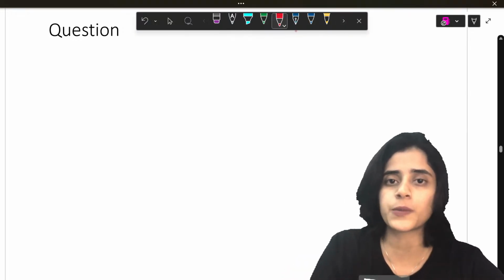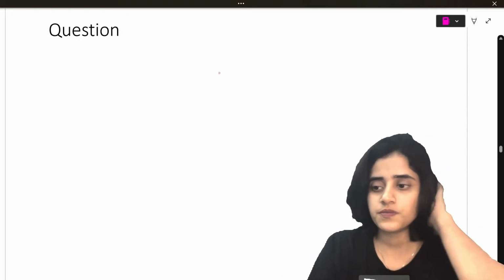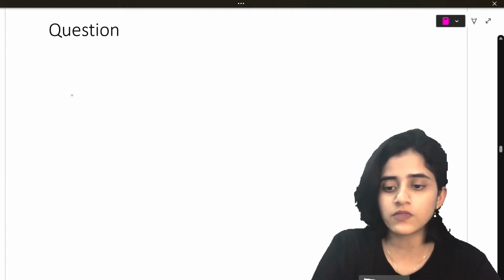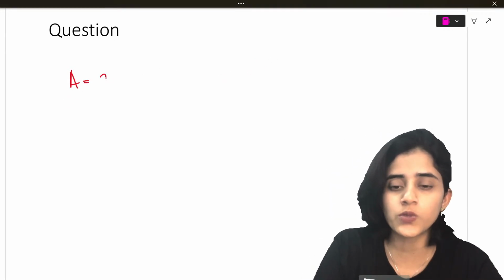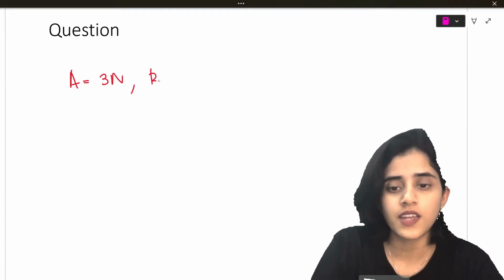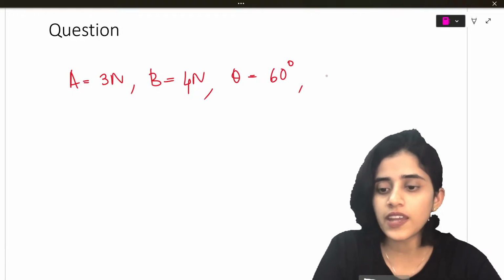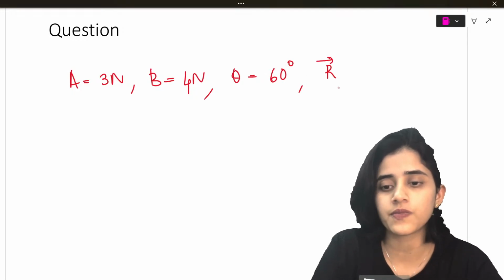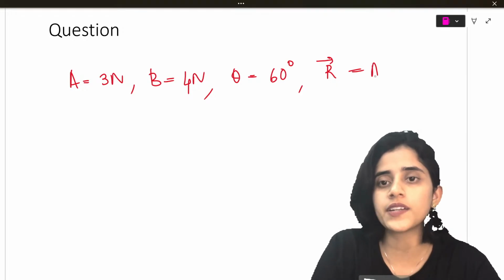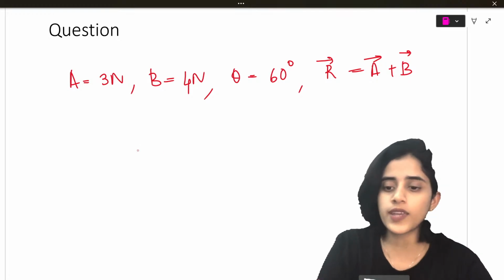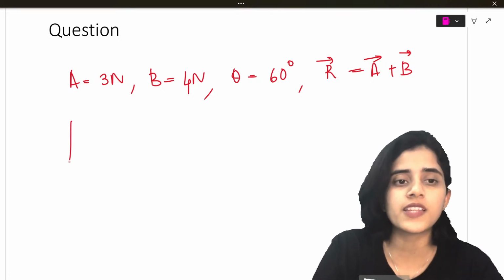Let's look at a simple question. So if you have, let's say A is equal to 3 newtons and B is equal to 4 newtons and theta is equal to 60 degree. Find out R. So obviously what is the case here?